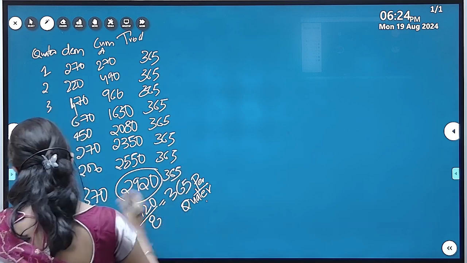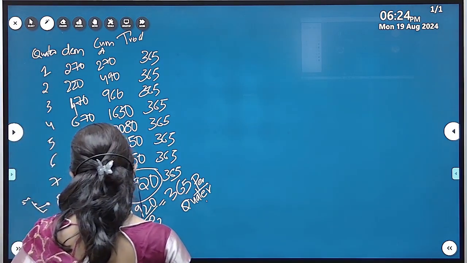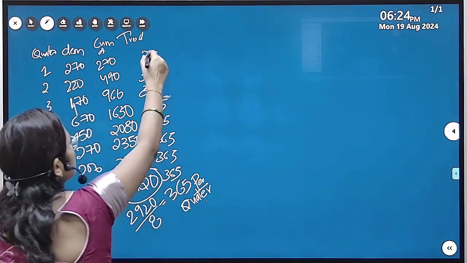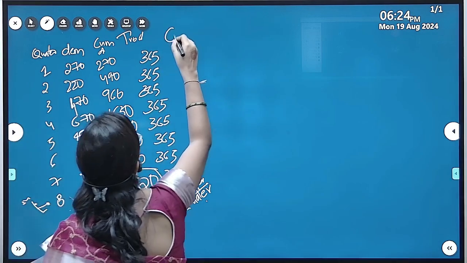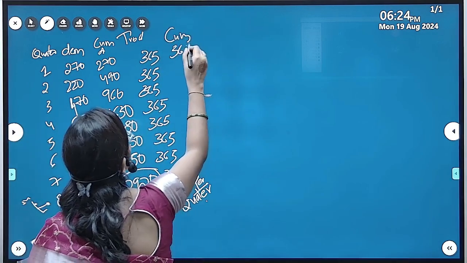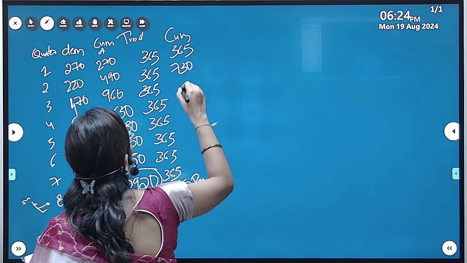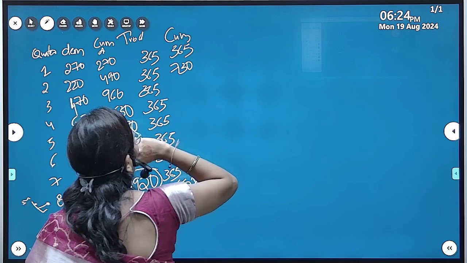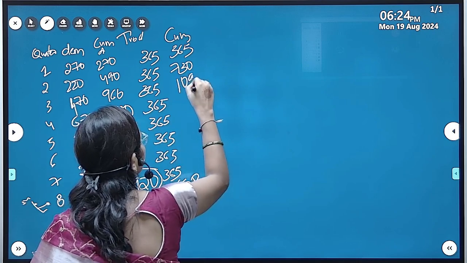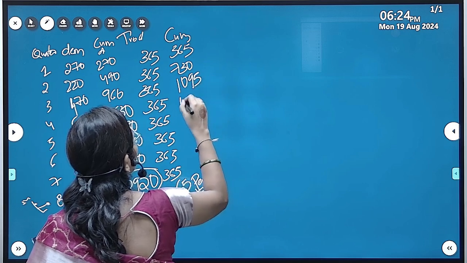Okay. Next they are telling us to cumulate this production level. So tell me: 365 plus 365, 730. Next 365, 1095. Next, 1460.